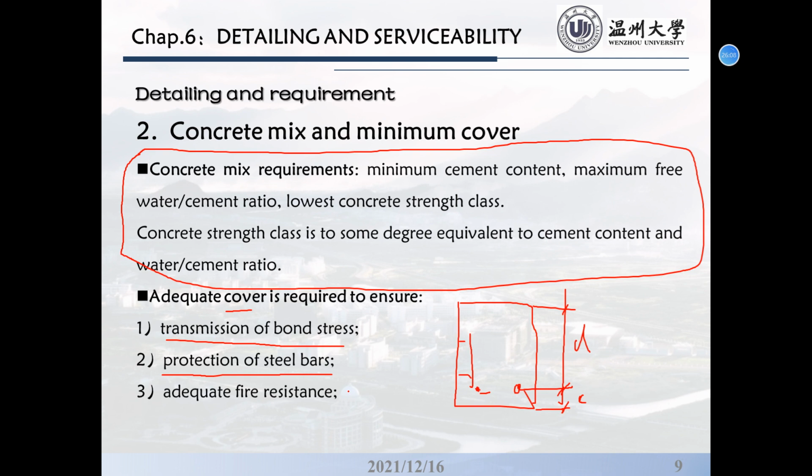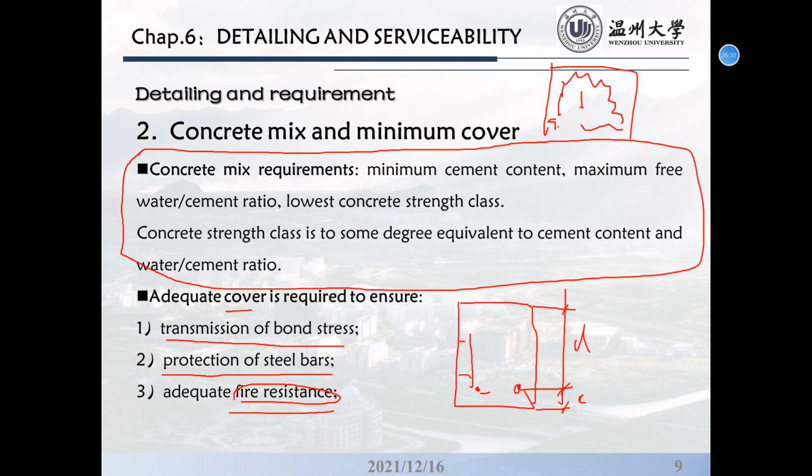Another really important thing is fire resistance. Some people feel this is new, but if people cook in rooms, there may be a fire accident. A fire surrounding a room will have actions on the wall, on the concrete structure.